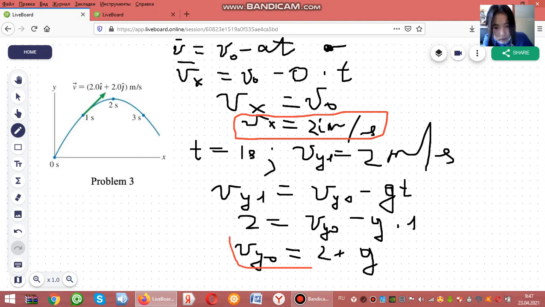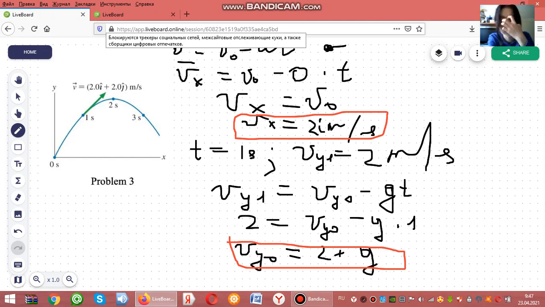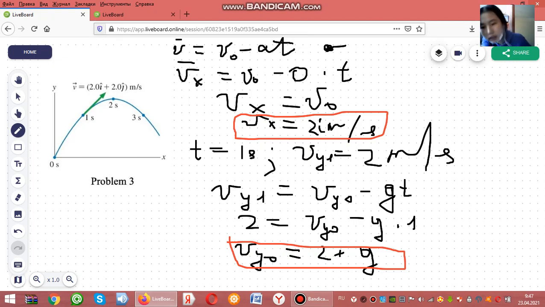Okay, so what should I do next? At 2 seconds, the velocity Vy2 is actually equal to 0, right? Because after 2 seconds the projectile reaches its highest point, so it is equal to 0.